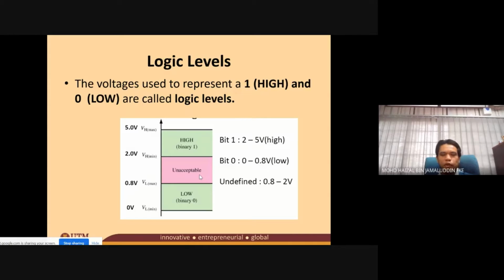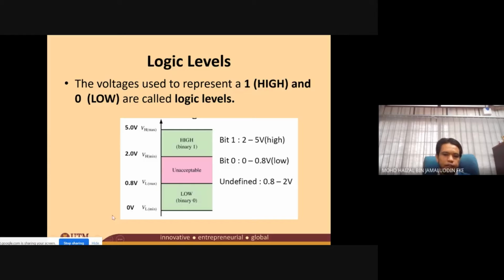So where does it come from? It comes from a representation of voltage, where you yourself set the value of a certain voltage range to binary 0, which is low, or binary 1, which is high.